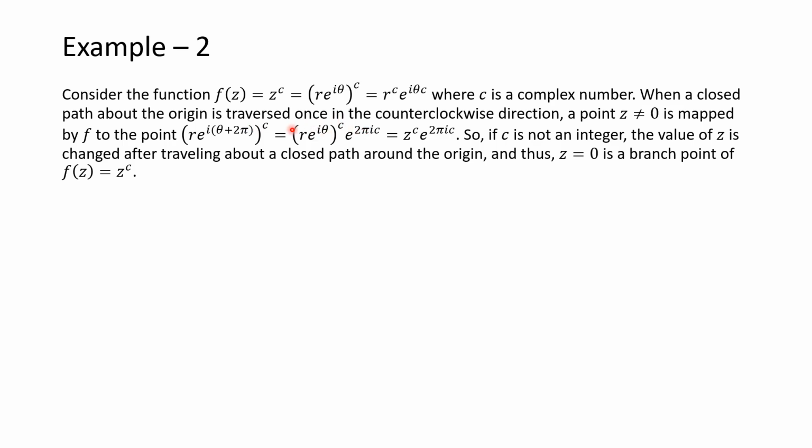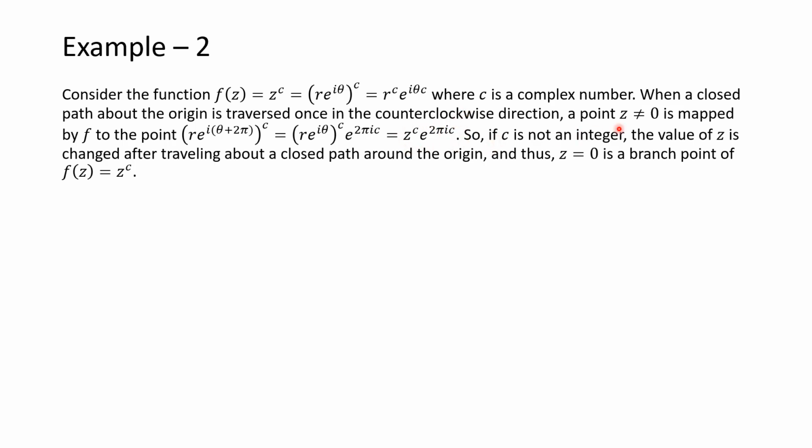Then you notice this first part is our initial z to the c. So the effect of applying our function f of z to a point when we go around once counterclockwise is this value here.